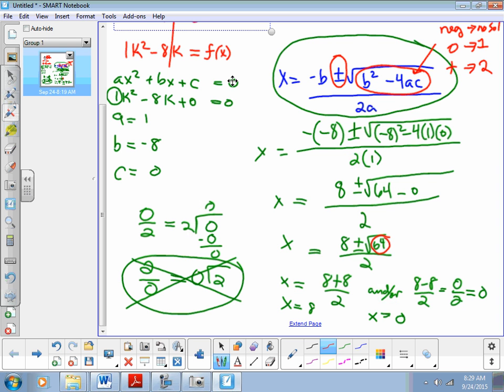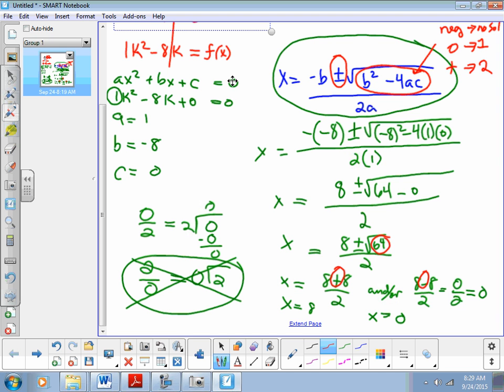So if we would have got a negative number there, then that means this quadratic equation never touches the x-axis. Because you guys can't take square roots of negative numbers when you're graphing. So if I do get a positive number, that means there's going to be an addition of all those terms with that value, and then there's going to be a subtraction.